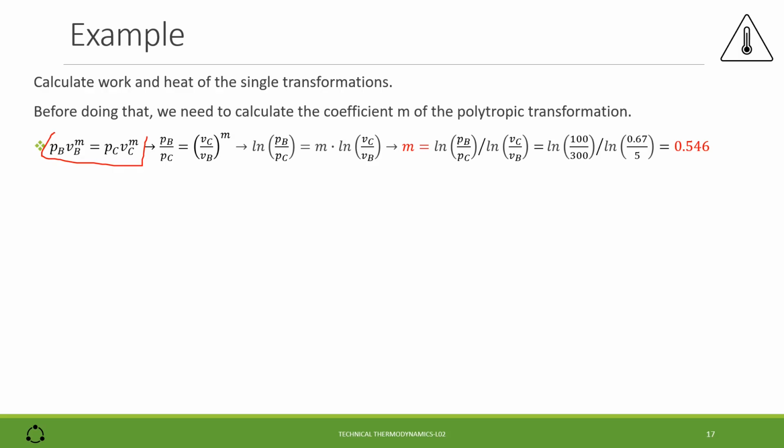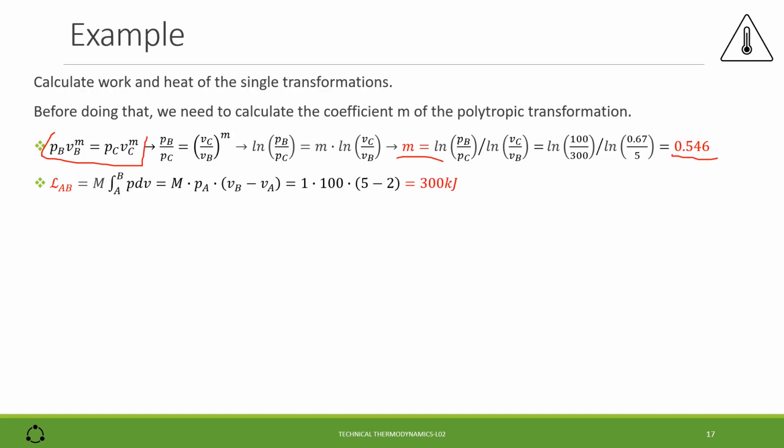By doing that, we can find an expression of the coefficient m that is the logarithm of the ratio between the pressures PB and PC over the logarithm between the specific volumes Vc over Vb. And replacing the corresponding values, we find 0.546, that is a pure number.